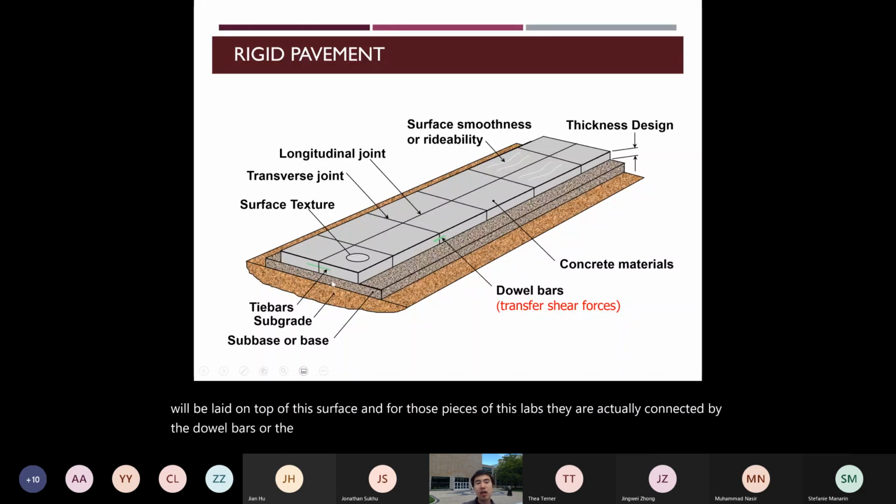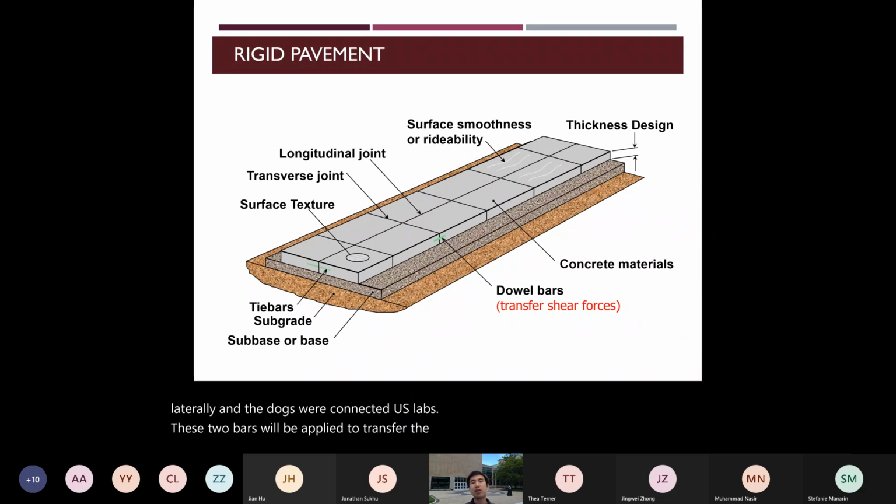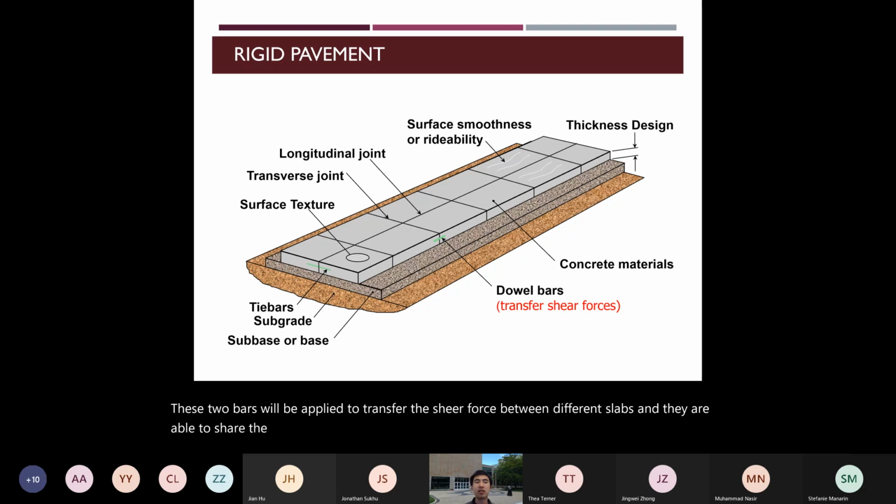The tie bars usually connect the slabs laterally, and the dowel bars will connect the slabs longitudinally. These two bars will be applied to transfer the shear force between different slabs, and they are able to share the load when the vehicle is moving from one slab to another one.